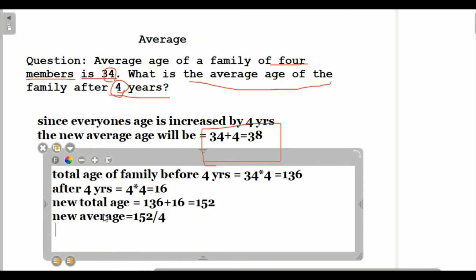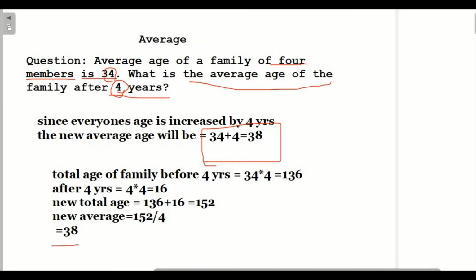So our answer is equal to 38. We got the answer. So we can use the shortcut to solve this sum. It is very easy if the age increase is in the same year ratio, increased for everyone in the same year ratio.